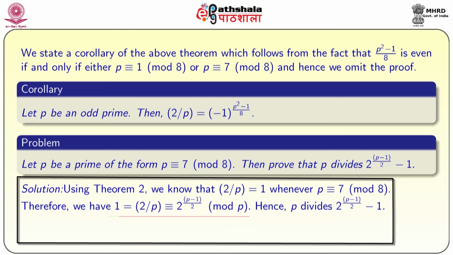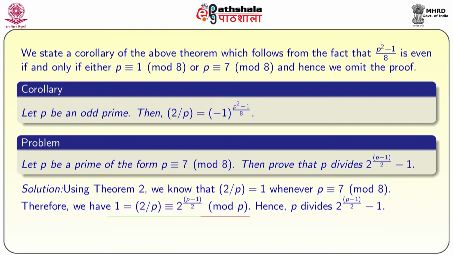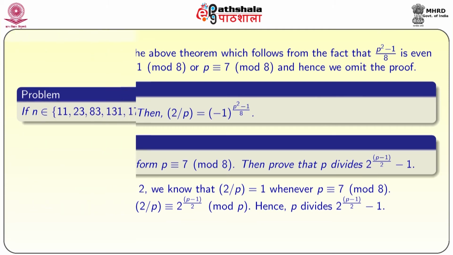Therefore, 1 is equal to (2/p), which is congruent to 2^((p-1)/2) modulo p. So, obviously p divides 2^((p-1)/2) minus 1. As we know that A is congruent to B mod n implies n divides A minus B, from that we get this part.